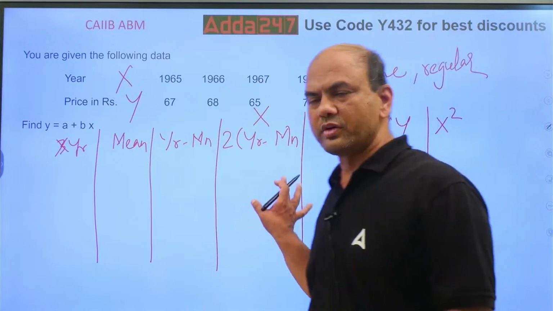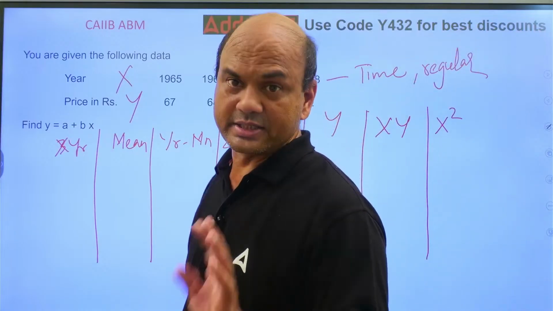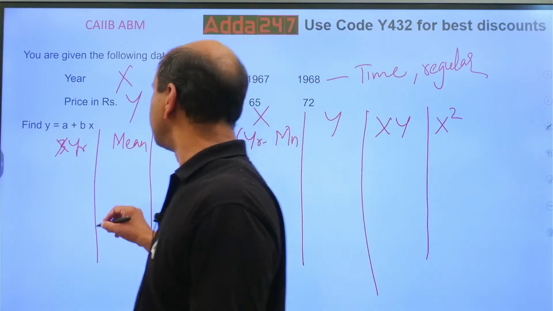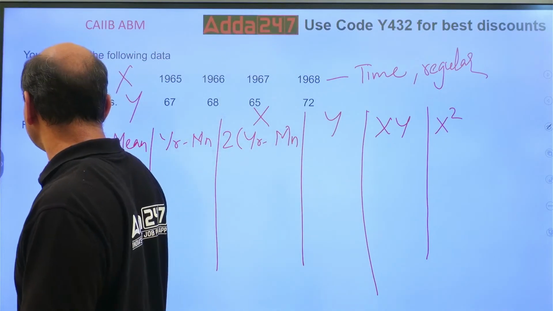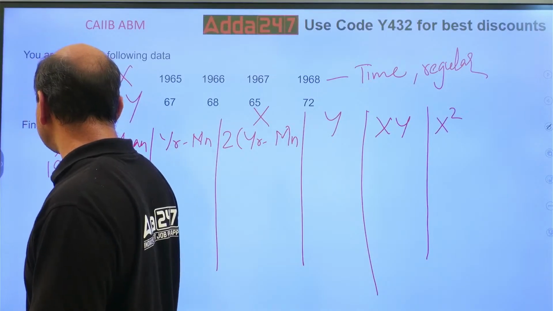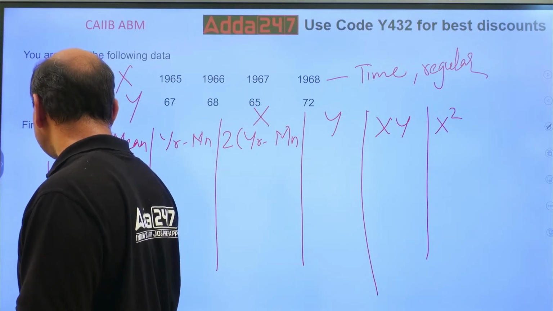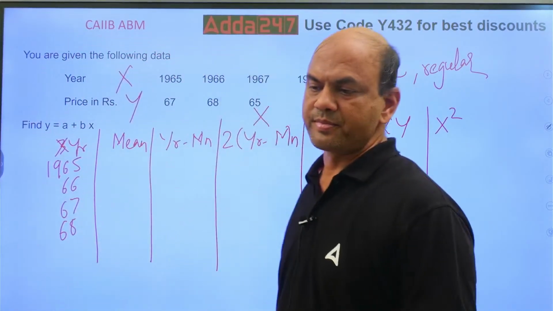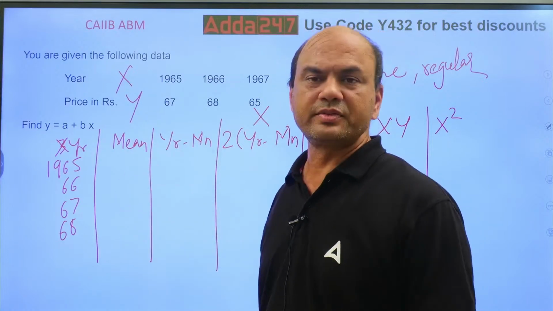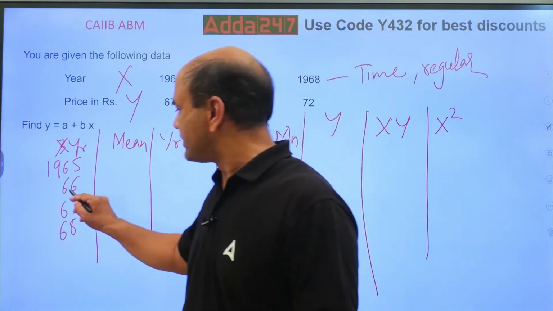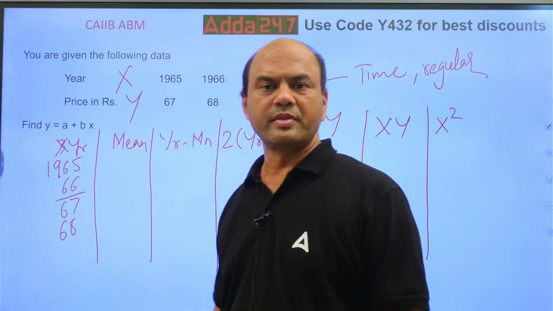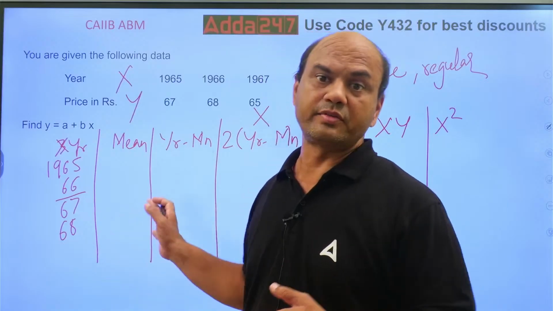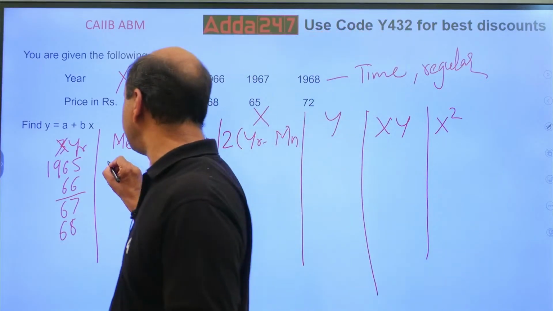So we'll write down all these, because here it's a live case study. We'll have to solve this. Year 1965, 66, 67, 68. All of these 4 years I have written. Find out the average. What is the average of this? It will be somewhere in the center. So 1966.5.